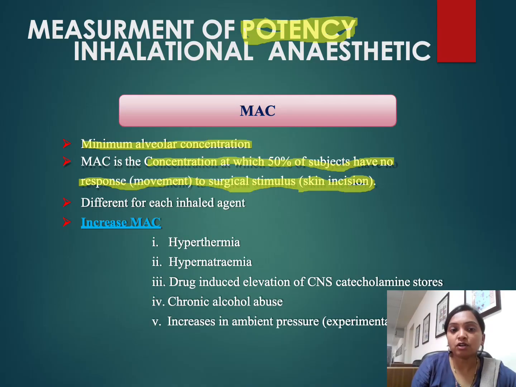It is different for different inhalational agents, and this can be increased in some specific conditions where there is hyperthermia, or hypernatremia, or if there is some drug induced increase in CNS catecholamine stores, like if you are giving some inhibitors like SSRIs, or if the patient is on any such drugs, and in case of chronic alcohol abuse, and also in case of increase in ambient pressure, any atmospheric changes.